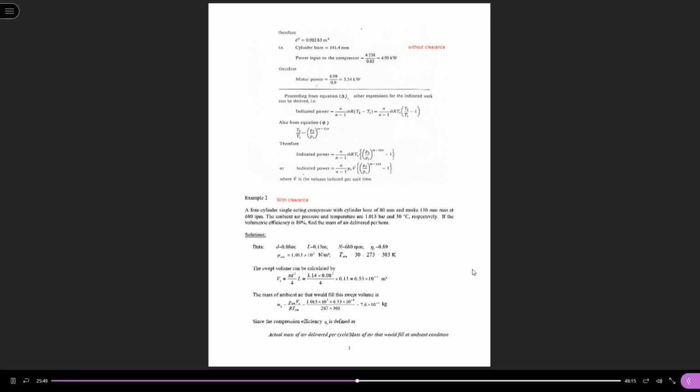This one is a 4-cylinder single acting compressor with cylinder bore 80 mm and stroke 130 mm, running at 680 revolutions per minute. So we have to be familiar with the units.